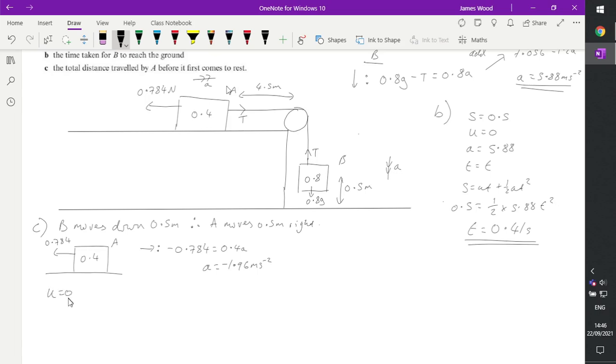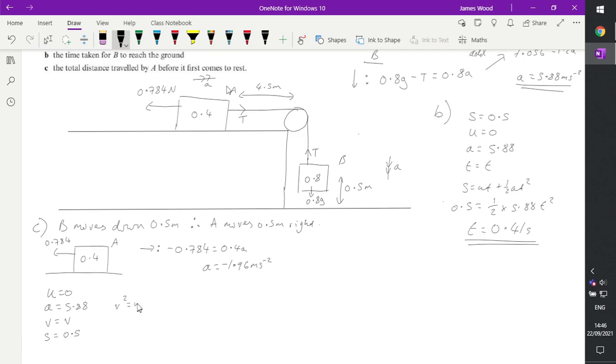So U was 0. This is thinking right back to the beginning now. The initial acceleration was 5.88 when it was being pulled along by B. And I want to try and find what speed it reached when B hit the floor. So I'm going to try and find V. And the distance it moved in that period was 0.5 meters.